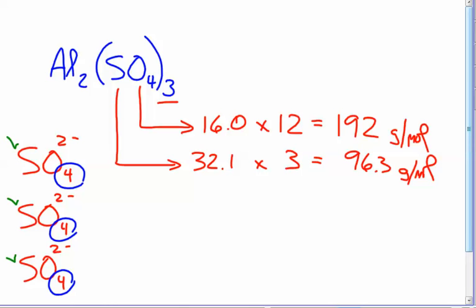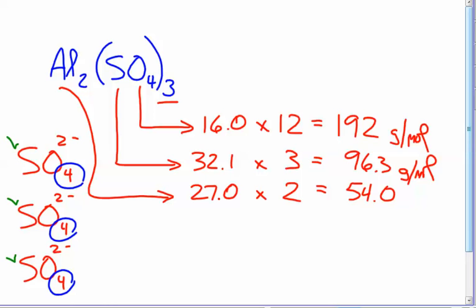And now we come to the aluminum. Aluminum is an individual atom. We have 2 of them, and each atom of aluminum weighs 27.0 grams. It's not inside the parentheses, so the 3 does not apply to the aluminum. And so 27 times 2 is 54.